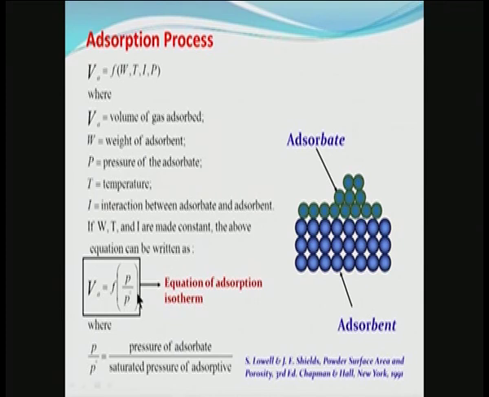That is, P naught is the pressure corresponding to saturated adsorption. P is the pressure corresponding to any particular level of adsorption. So, the volume of gas adsorbed is a function of P over P naught, and this is the equation for a so called adsorption isotherm. So, adsorption isotherm consists of a graph between V and P over P naught.